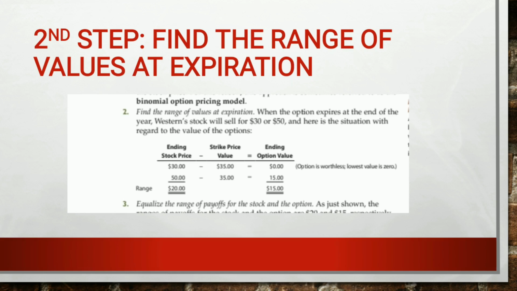And then for $50, we deduct the strike price value of 35, so we have an ending option value of 15. Next, for the ending stock price, we deduct $30 from the $50, so we have $20.